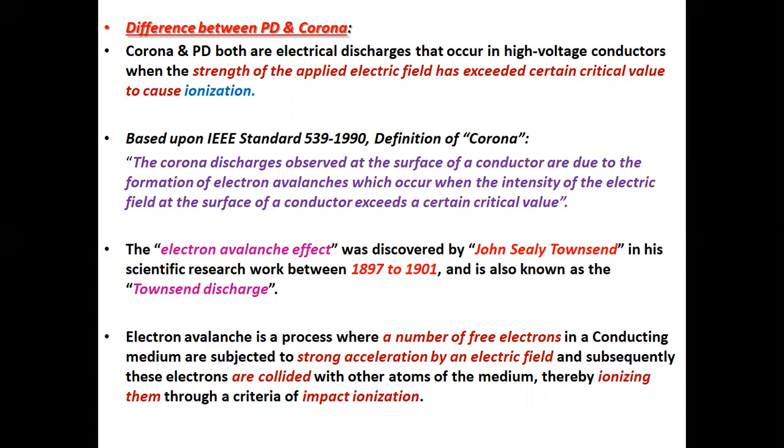Electron avalanche is a process where a number of free electrons in a conducting medium are subjected to strong acceleration by an electric field, and subsequently these electrons collide with other atoms of the medium, thereby ionizing them through a process of impact ionization.